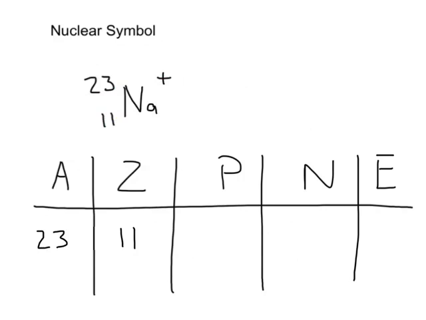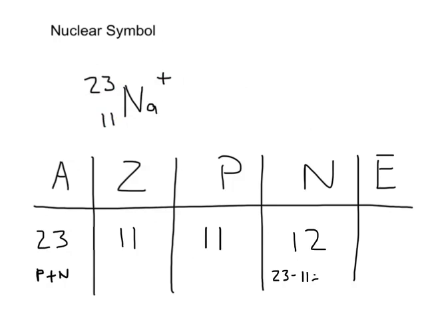And I remember that the atomic number straight up tells me protons. So these two boxes will always be the same every time you fill this chart out. Now when it comes to neutrons, I have to remember that my mass number is equal to protons plus neutrons. So if I have 23 protons and neutrons, and 11 of that 23 are protons, that leaves 12 to be neutrons. So I'm just doing 23 minus 11 equals 12.